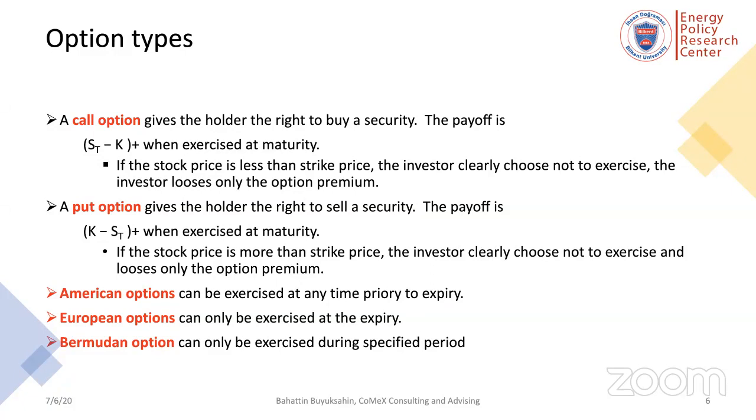When the expiry comes, you have to decide whether to use your right or not. On the other hand, a Bermudan option can only be exercised during a specified period. You define the period in which you can exercise to get the option or not.